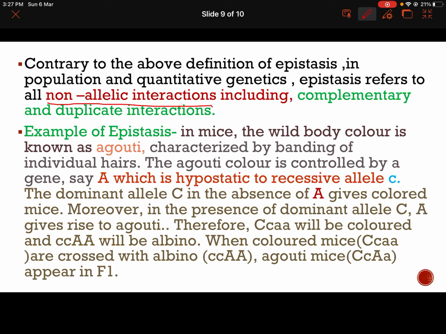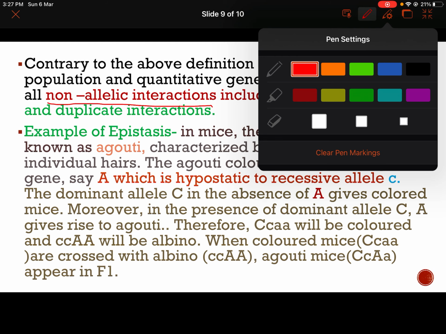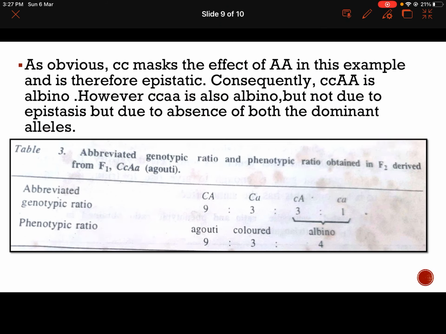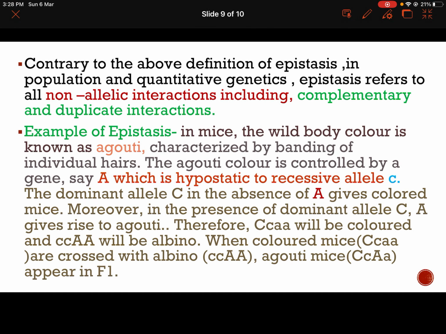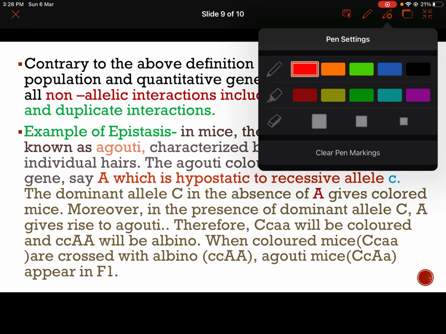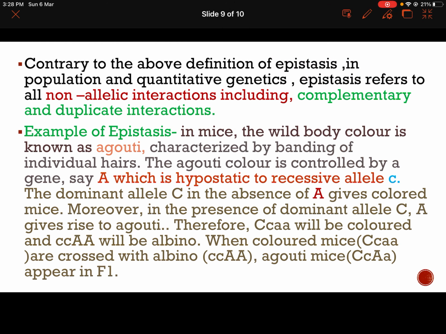Example of epistasis. In mice, the wild body color is known as agouti. There is a body color called agouti, characterized by banding of individual hairs.